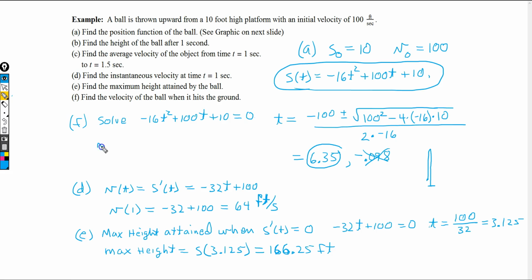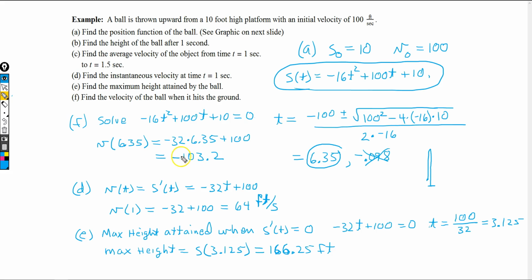So the velocity at 6.35 will be negative 32 times 6.35 plus 100, and just solving that, we get negative 103.2, about negative 103 feet per second.